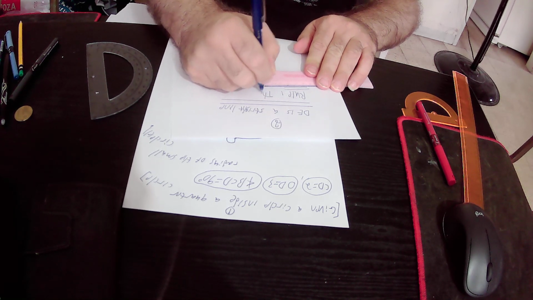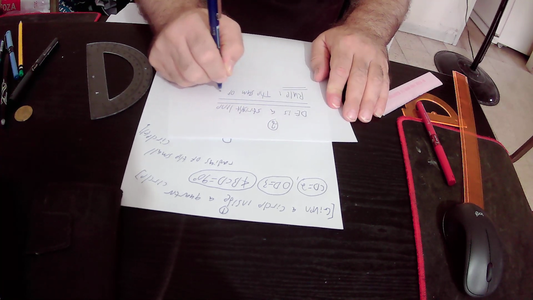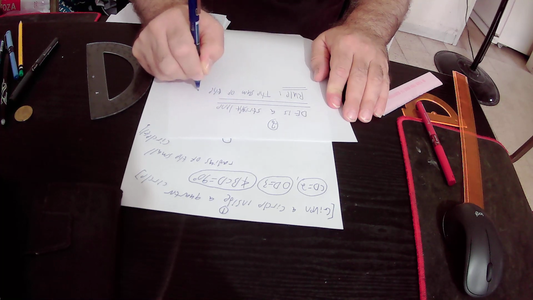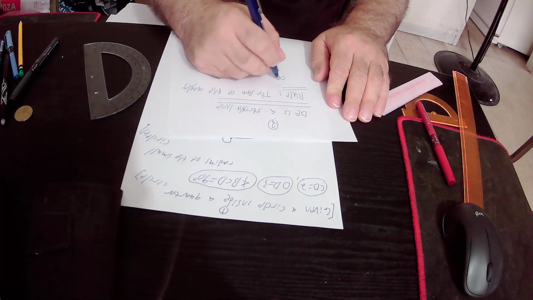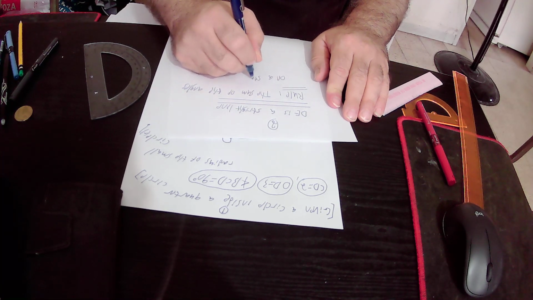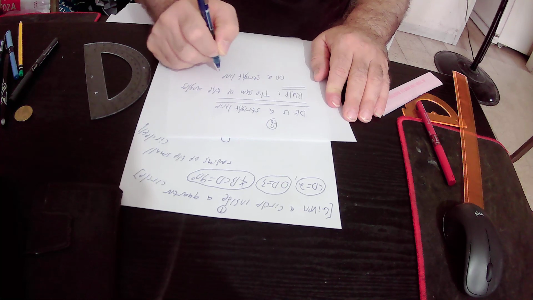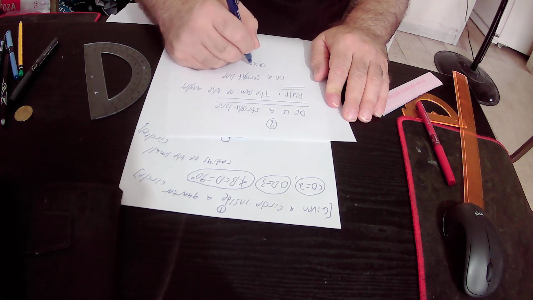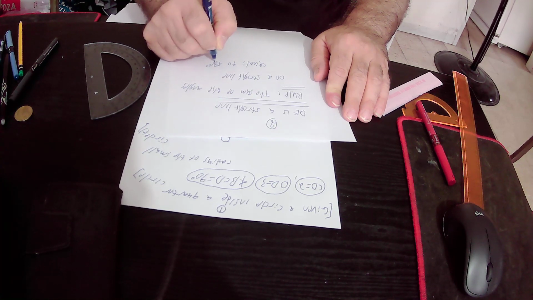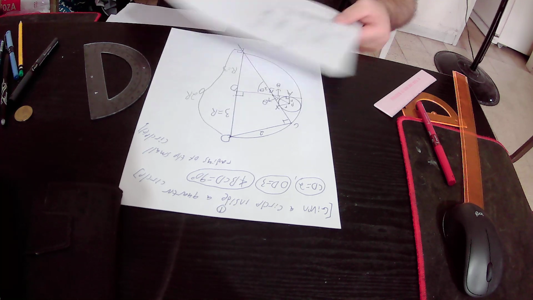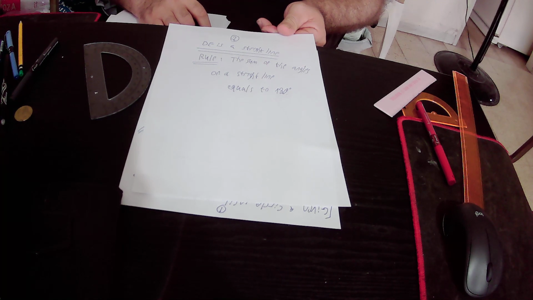Again, the sum of the angles on a straight line equals 180 degrees.